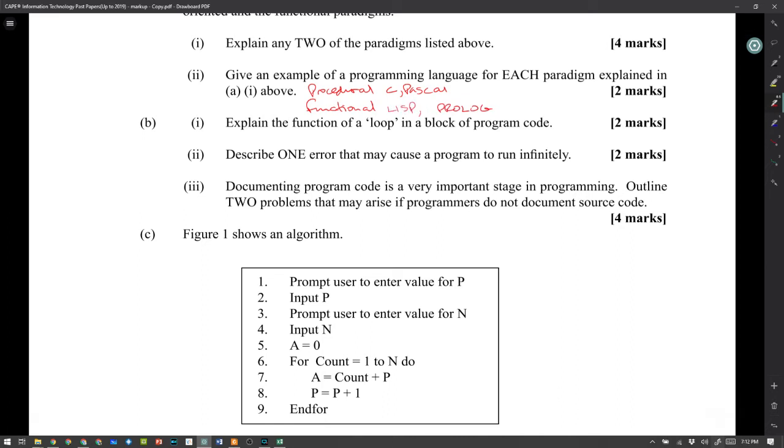Explain the function of a loop in a block of code. A loop repeats a set of commands as long as the condition has not been met. Describe one error that may cause a program to run infinitely.